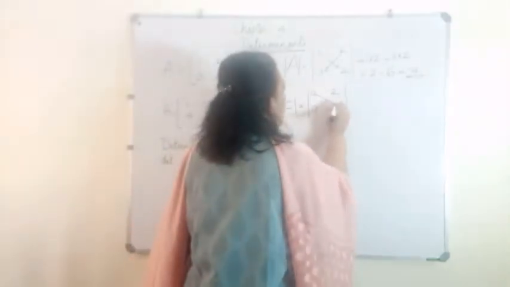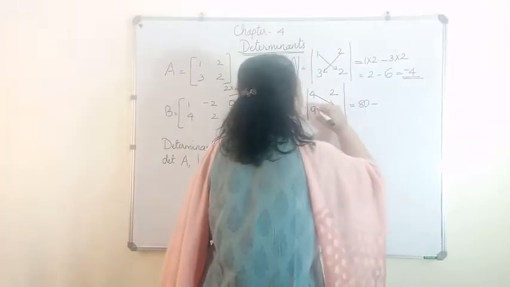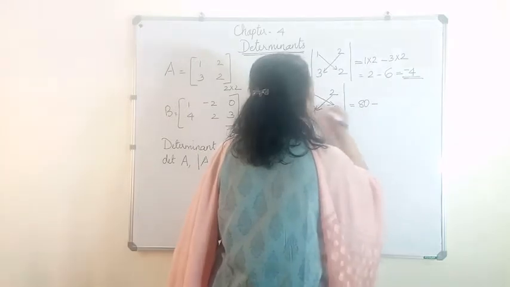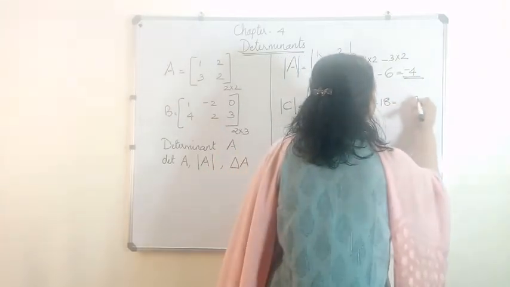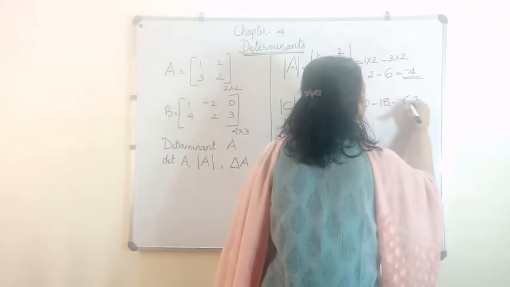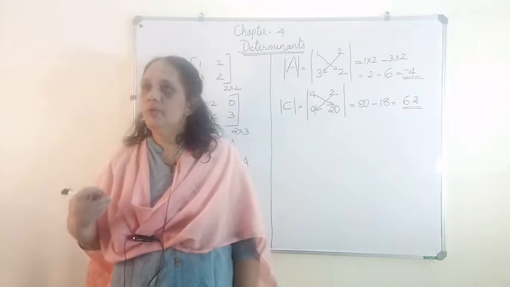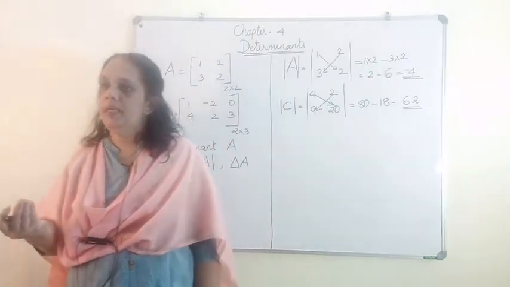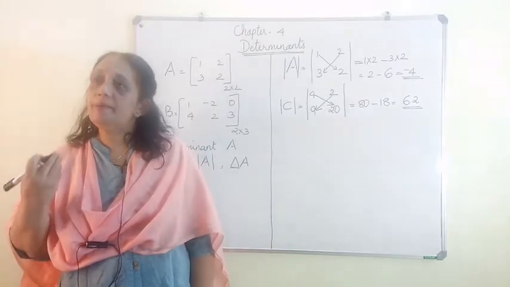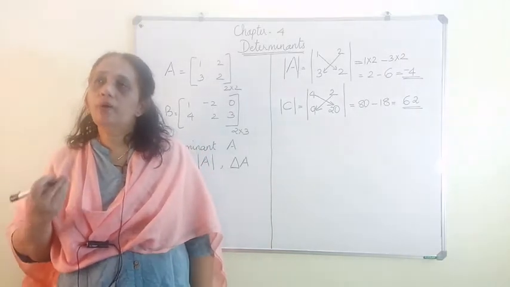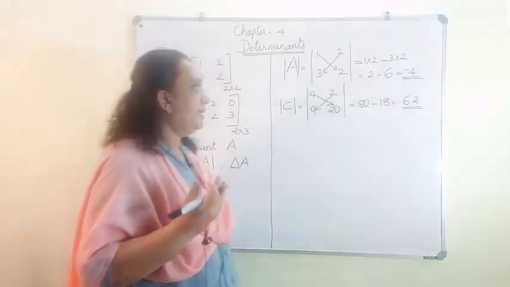It is equal to 4 into 20 is equal to 80, minus 9 into 2 is equal to 18, and that is equal to 62. So, when you find the value of the determinant, it can be a positive number, a negative number, sometimes it can be 0 or it can be a complex number. So, this is what you call a determinant.